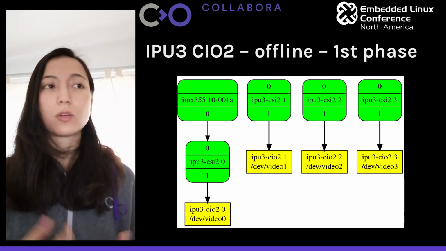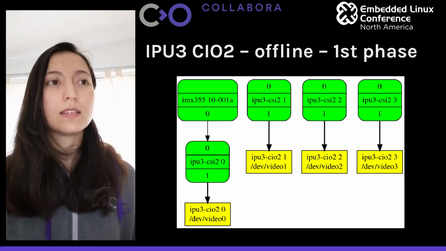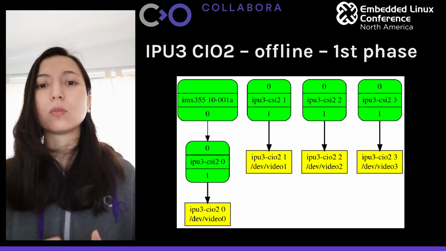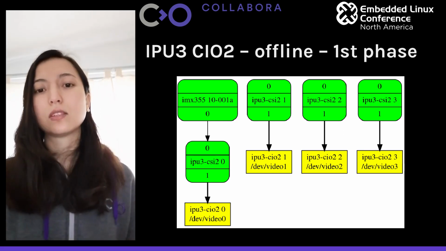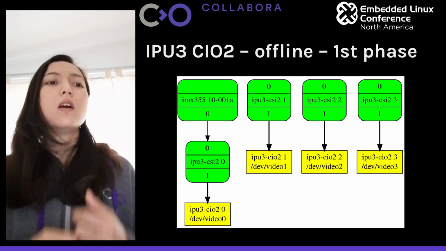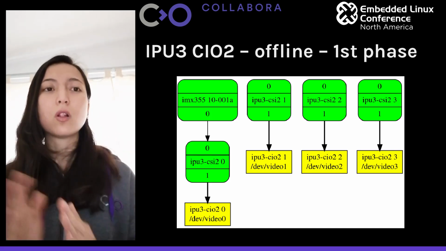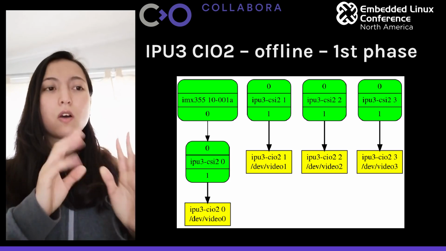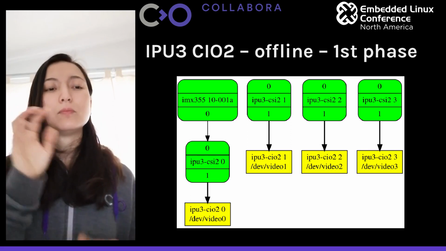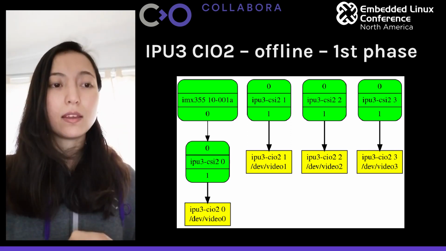This is the topology of the IPU3 CIO2 driver, the camera interface that performs the first phase of the offline ISP. We can see here 4 blocks of the IPU3-CSI2 subdevice.